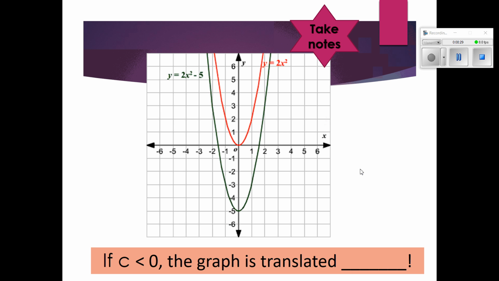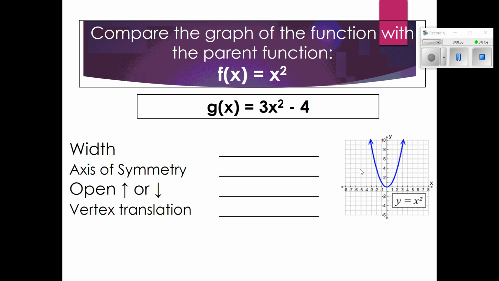On this one, you'll notice that the c term is translated 5 down. That means it crosses the y-axis at -5. That is a negative number, and when it's negative on the y-axis, which is a number line, you go down. So if the c is less than 0, or a negative number, the graph is going to be translated down. Positives go up, negatives go down.